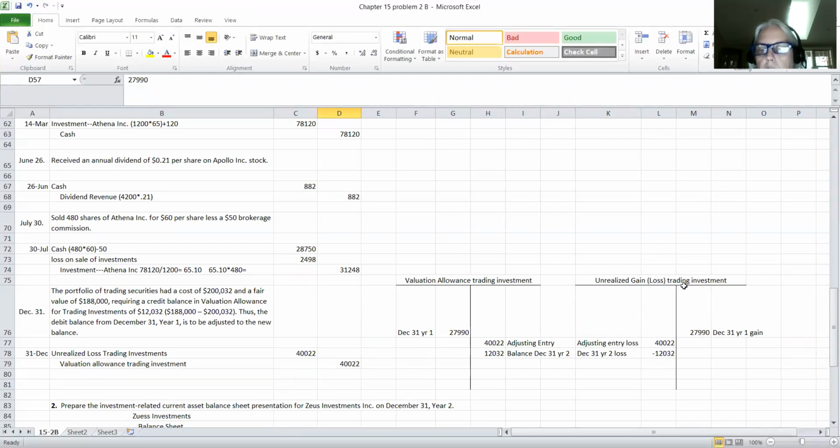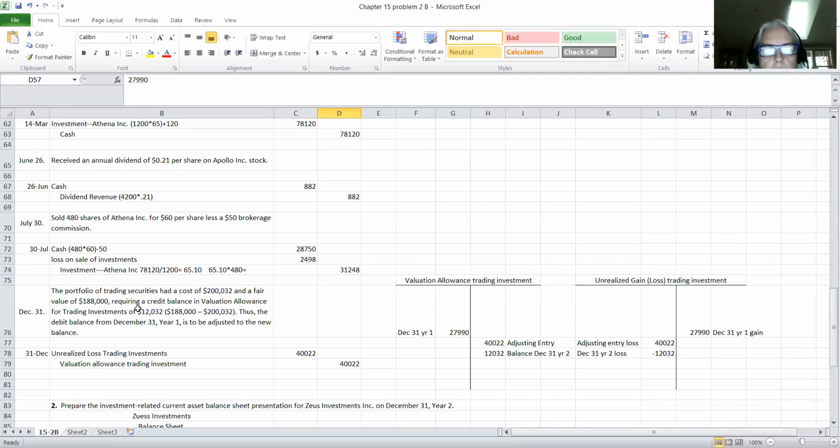But there would also be a loss account that would happen in this year because they're telling us that there is an overall loss in the cost of the trading securities because the fair market value is less than the cost of that.